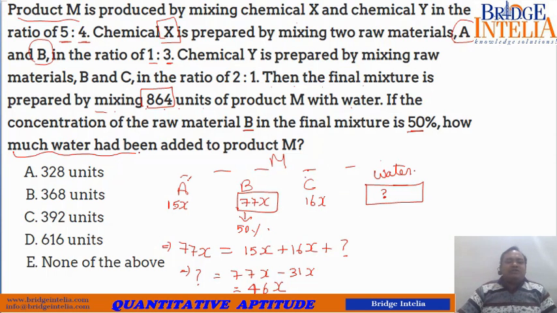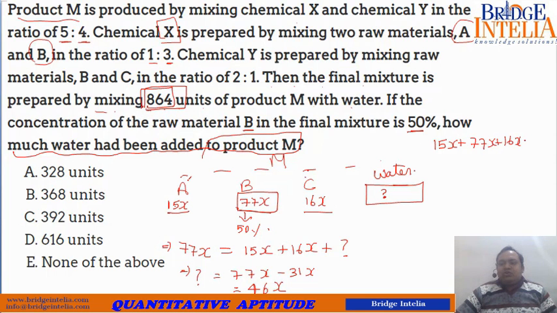Now what is the question? How much water has been added to the product M? So we know that the total product that was formed was 864 units. So it means 15x plus 77x plus 16x is equal to 864 units.